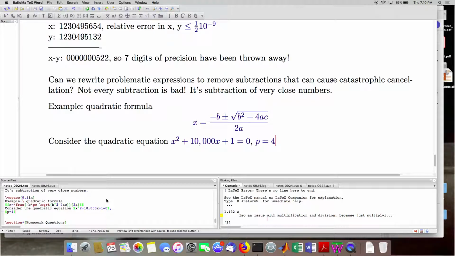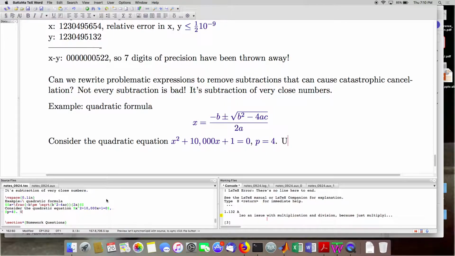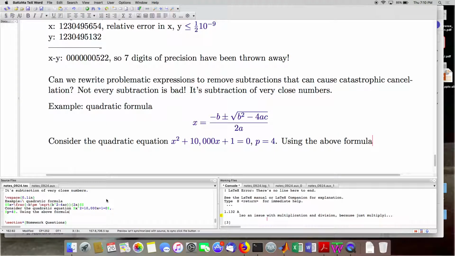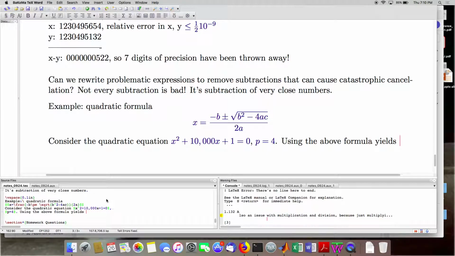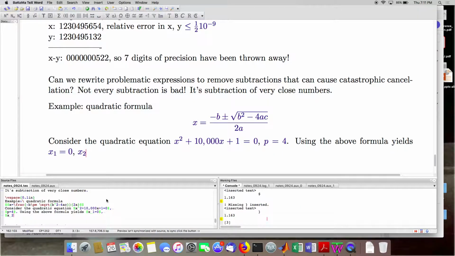So what can happen is, using the above formula yields these roots in the floating point number system of 4 digits. We get x1 equals 0 and x2 equal to minus 10,000.